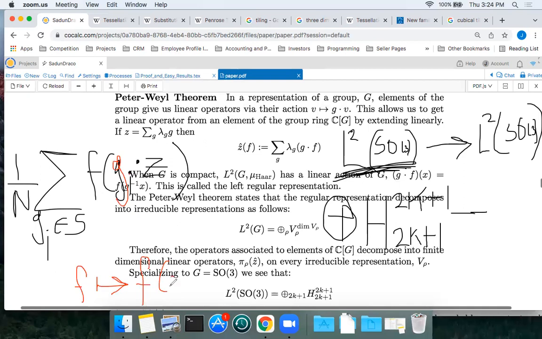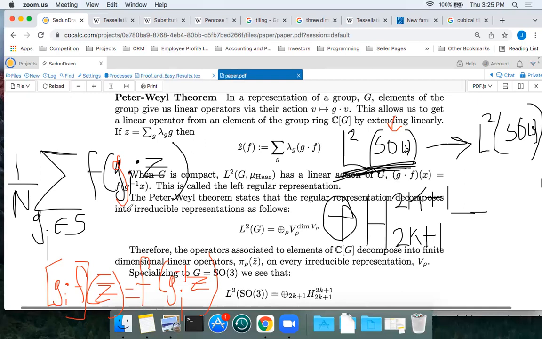So what is the action on f? g_i dot f of z equals f of g_i z. So here z is an element of SO3. f lives here, so it's an integrable function. Well, square integrable. It's because SO3 is compact. So the action is given by this.